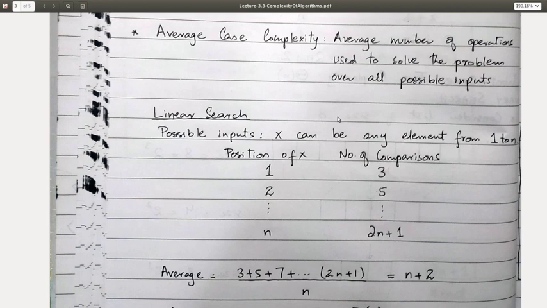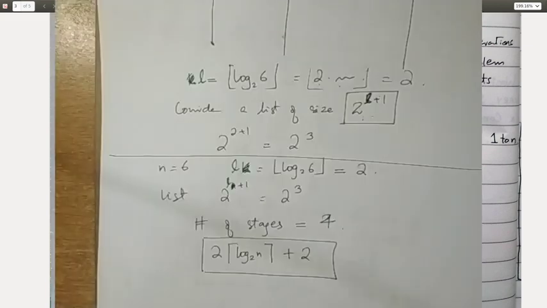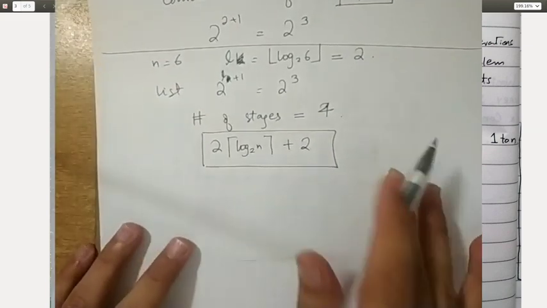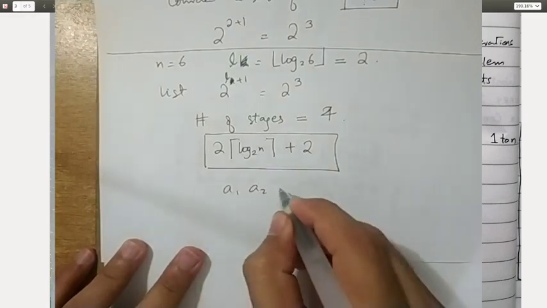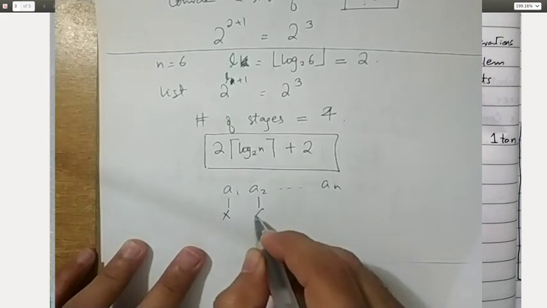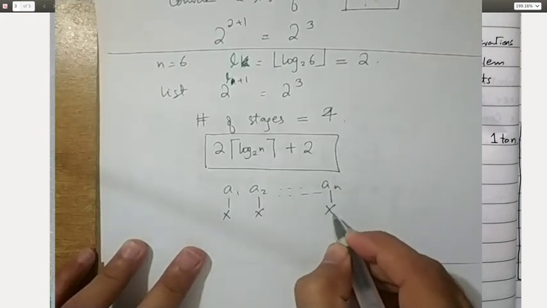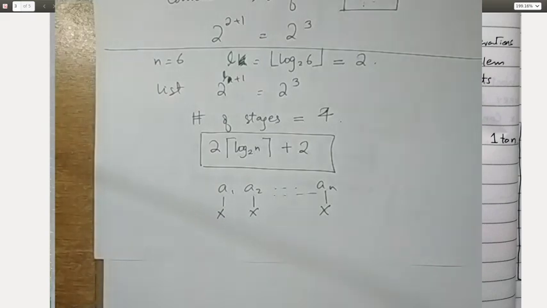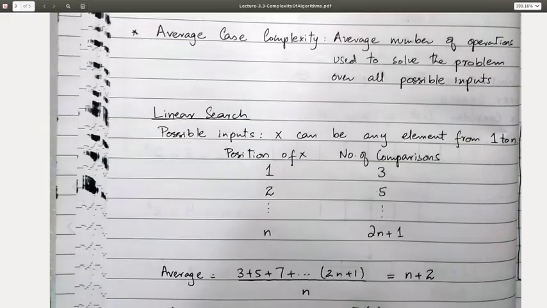If your list is of size n, let's suppose you have n elements, a1, a2 up until an, then this element could be X, or this element could be X, or the last element could be X. So there are these n different possibilities for X. X can be in the first position, X can be in the second position, or X can be in the last position.